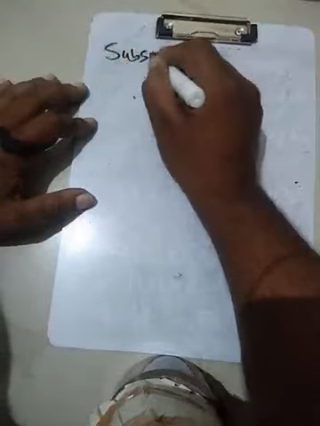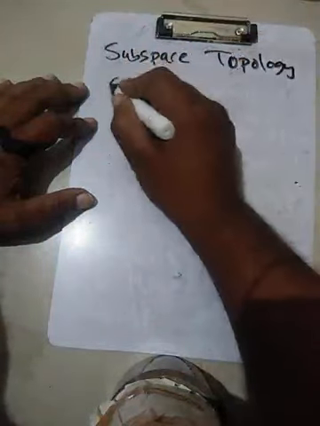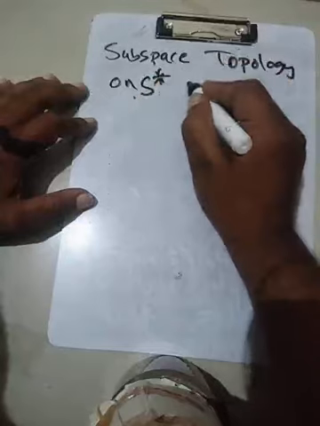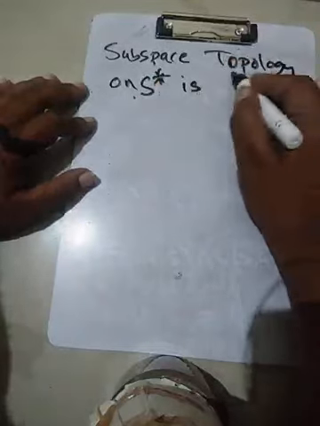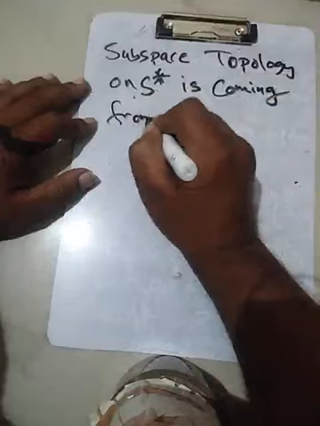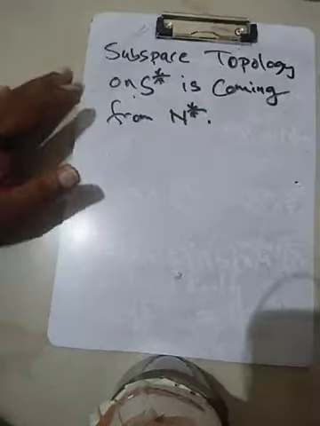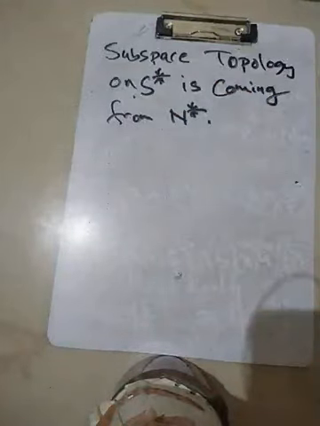So S star has the subspace topology coming from N star. Every open set in S star is an intersection of an open set in N star with S star.